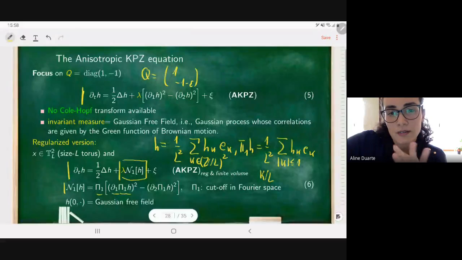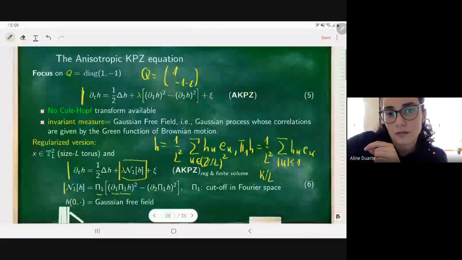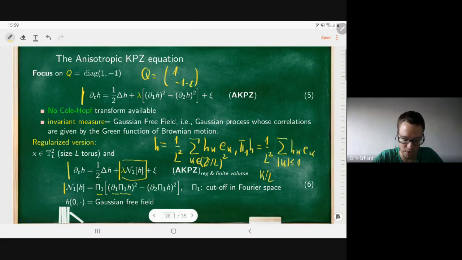And that's the same reason why you chose not to work with this third term, your noise, because you lose the invariant measure? Yes, exactly.